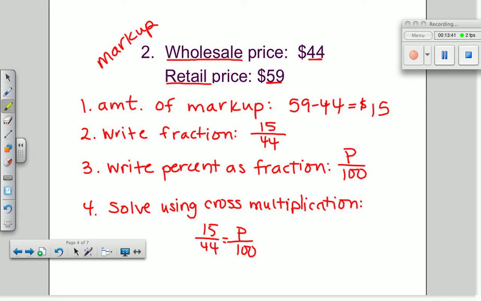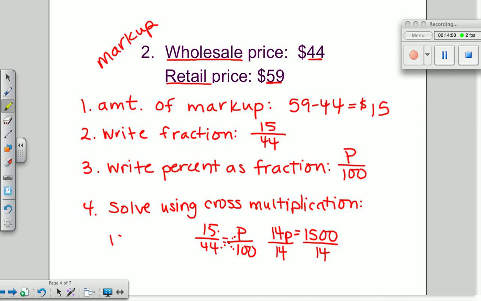So using cross multiplication, 44 times 15 is 14P. And 15 times 100 is 1500. Divide both sides by 14. 1500 divided by 14. 14 goes into 15 once. Bring down the 0. 14 goes into 10, not at all. Bring down the 0. 14 goes into 100.